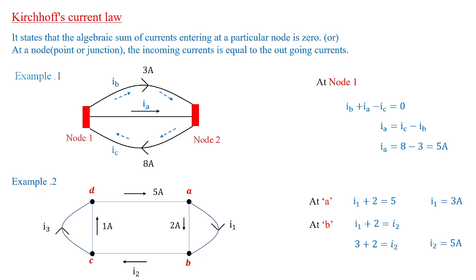Similarly, at node C, I2 is incoming, I3 and 1 ampere are outgoing. Therefore, I2 is equal to 1 plus I3. With that, I'm going to get the value of I3 is equal to 4 amperes. So you can cross check the result by your own method, that is apply a converse approach to the approach what we have done over here.